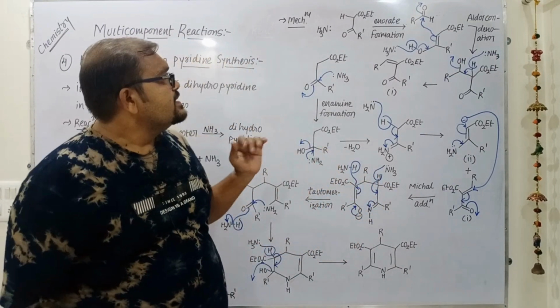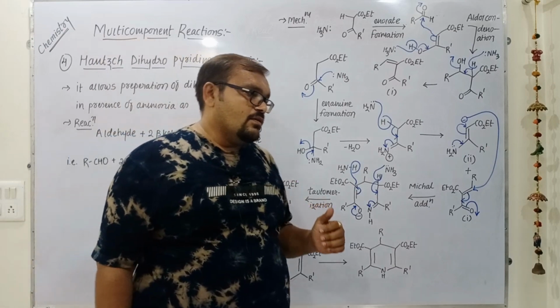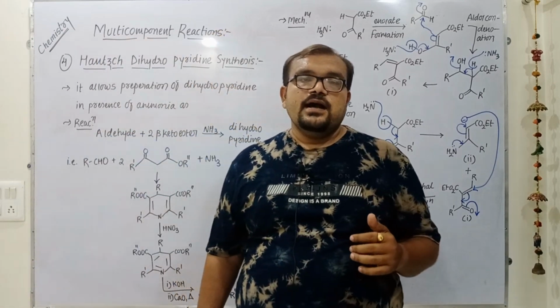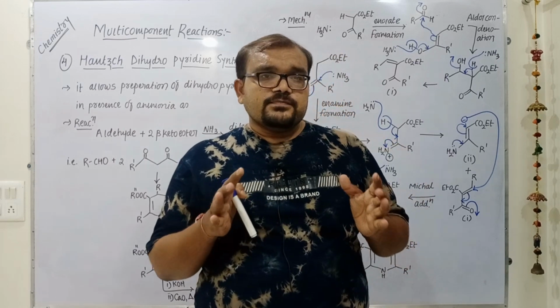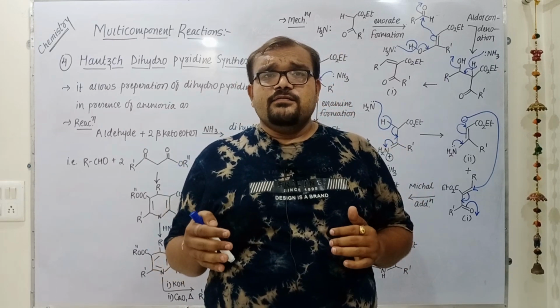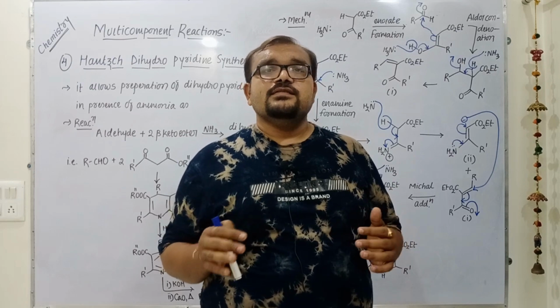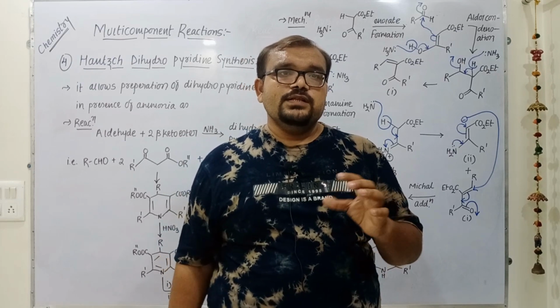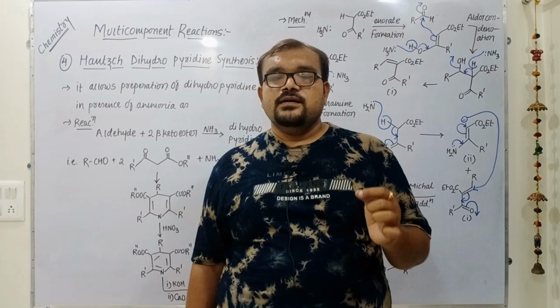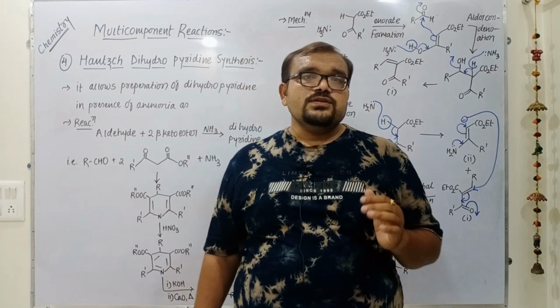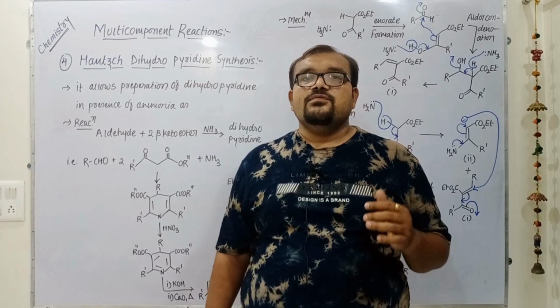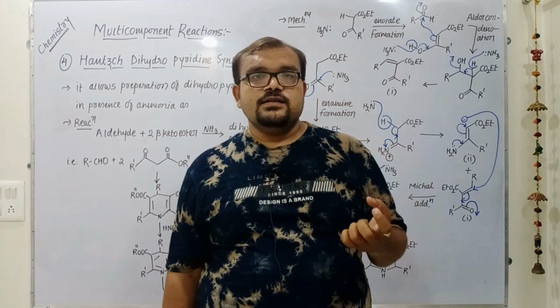Let's see the mechanism. The mechanism of Hantzsch dihydropyridine synthesis is basically divided into two parts. We can memorize this mechanism with the help of these two important parts, that is aldol condensation and Michael addition. So friends, first of all we should know what aldol condensation is.